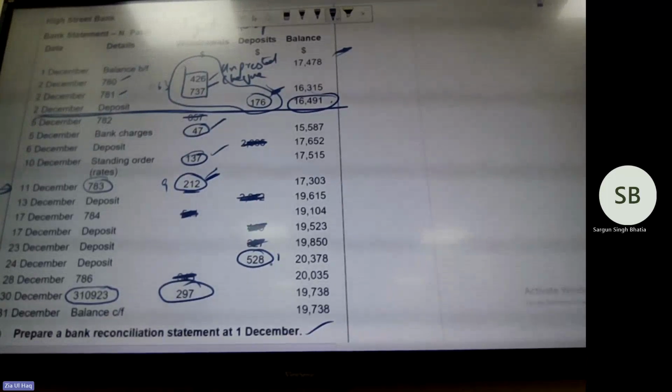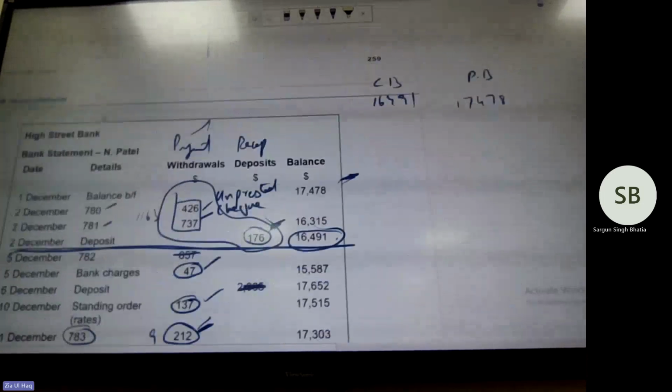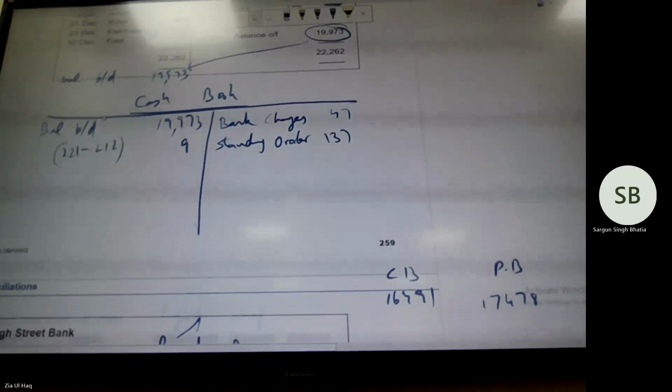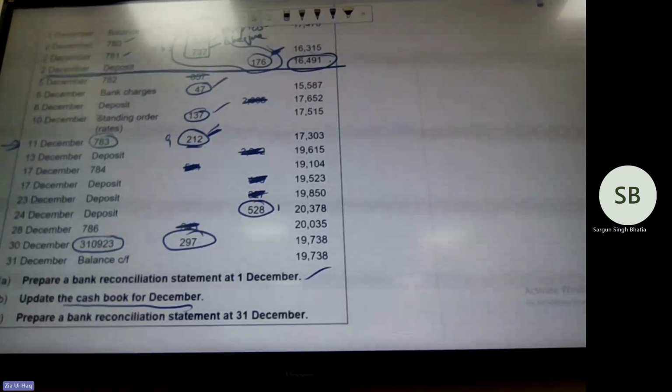Now look at 528. A deposit of 528 has been made to our bank, while we recorded 529 here. One is the difference. Either the bank is wrong or the cash book is wrong. Always the cash book is wrong, because the bank always records the correct amount.